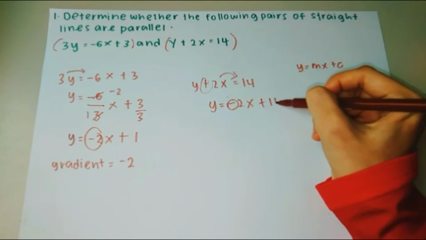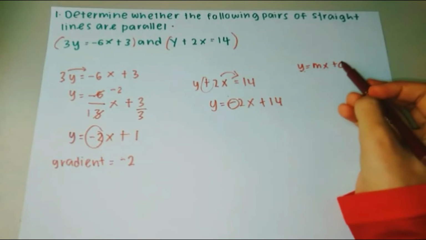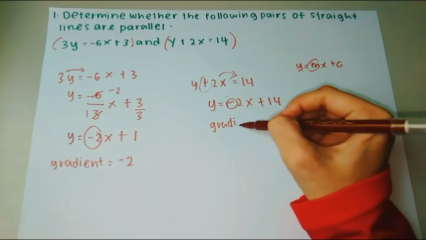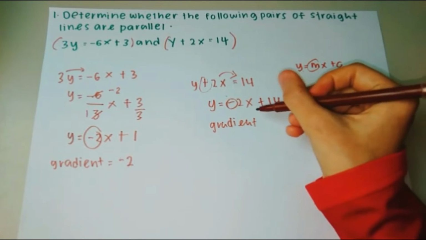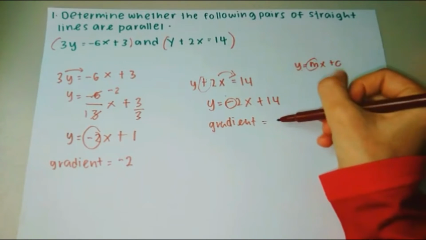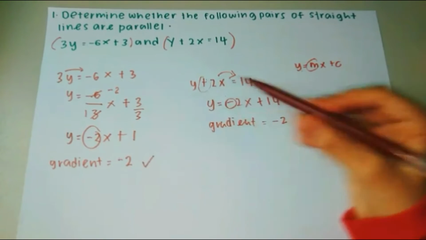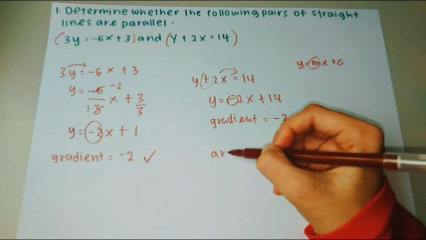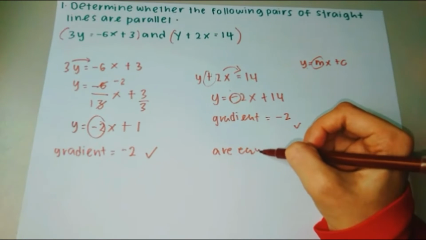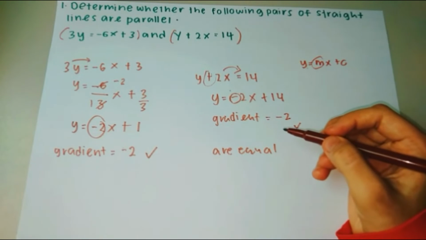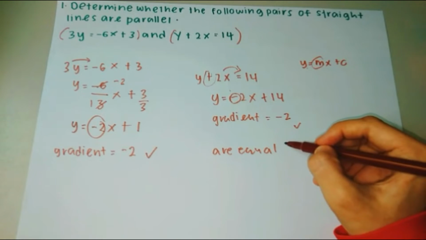M is represented as gradient. So the gradient for this equation is negative 2. The gradients of both straight lines are equal. Thus, 3y equal to negative 6x plus 3 is parallel to y plus 2x equal to 14.